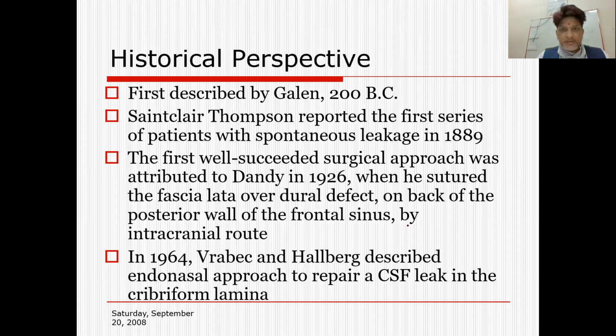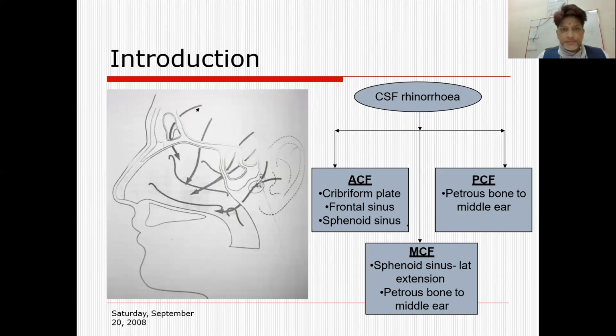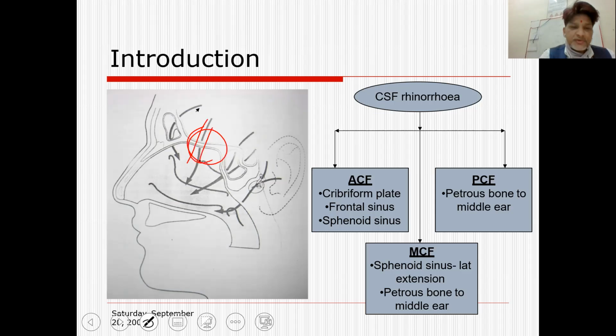and, as a revision, we already discussed the ethmoidal complex or the ethmoidal plate, which is a very weak structure, also called the anterior skull base.